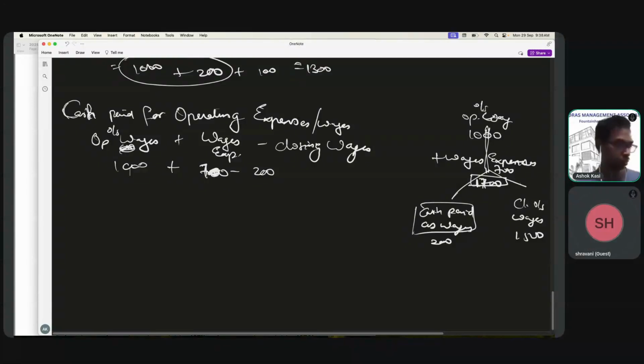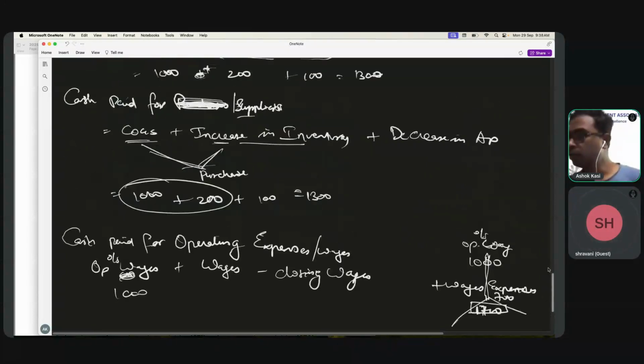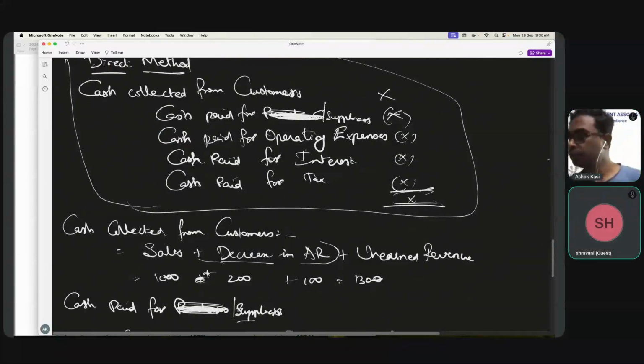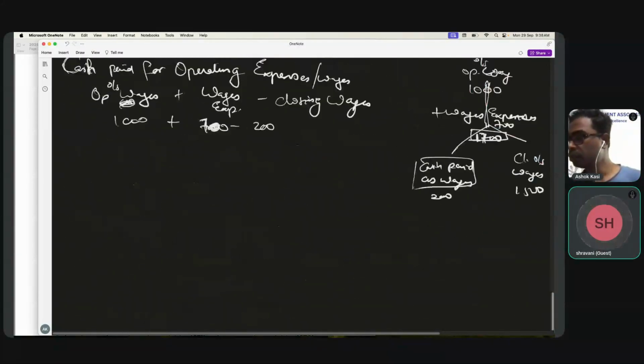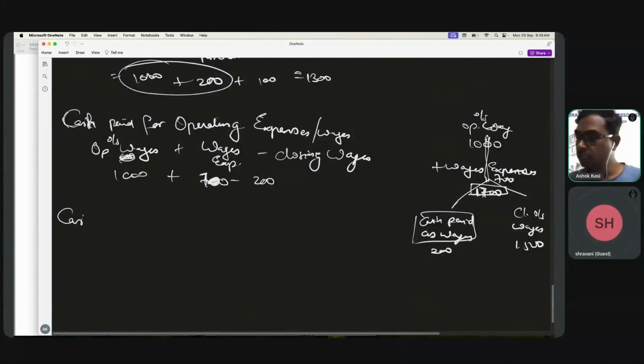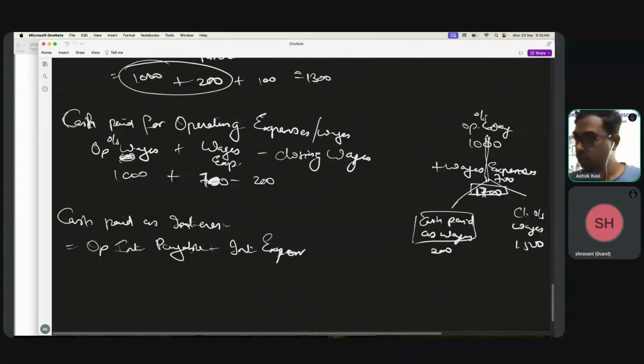Done. Okay, after operating expenses, then interest. Interest also same way. Cash paid as interest is equal to opening interest payable plus interest expenses minus closing interest payable.